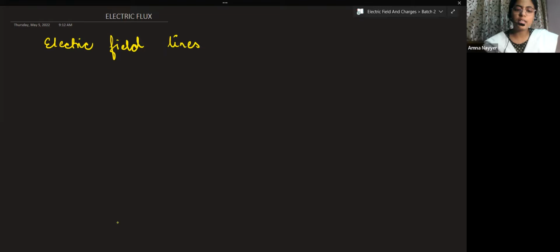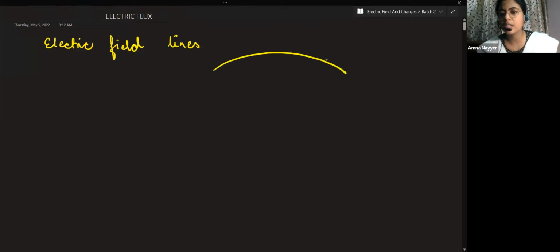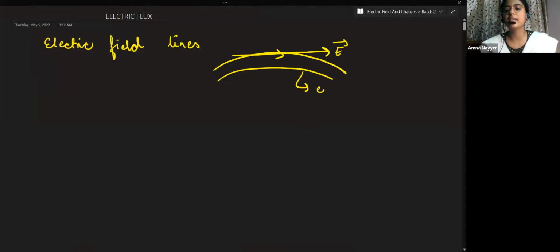You already know what is meant by electric field. Electric field has to be represented, so you represent it through electric field lines. These are basically continuous curves like this, and if you drop a tangent on it, this gives you the direction of electric field. So these continuous curves are known as electric field lines.